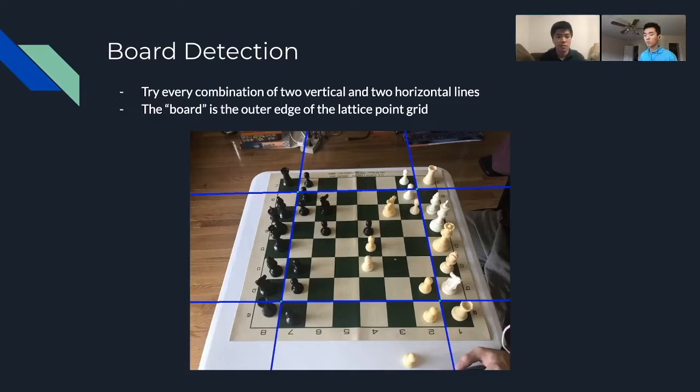This polyscore function takes the distance between the centroids of our potential board and the lattice point cluster, the areas of each of those, and also it takes into account the distance of the inner lattice points to the edges of our potential board. And we run this polyscore function on every single board, and whichever 4 lines have the highest polyscore, we say is the most probable board. And the next step is piece detection, which Kevin Fu will talk about.